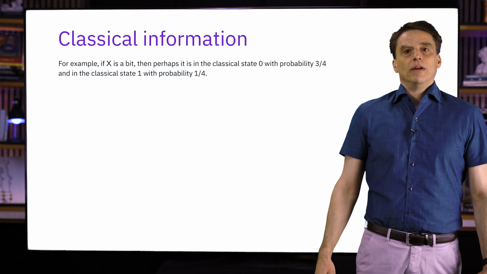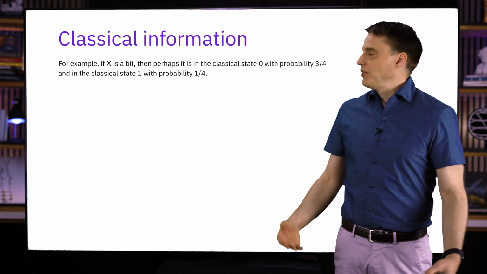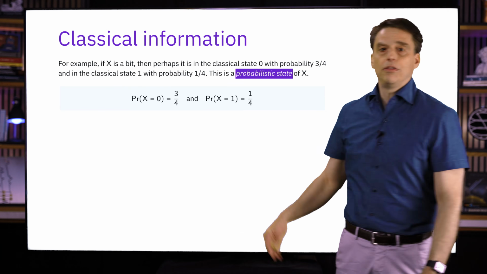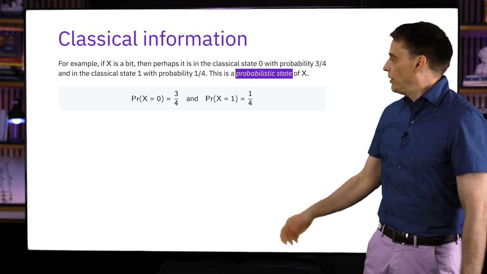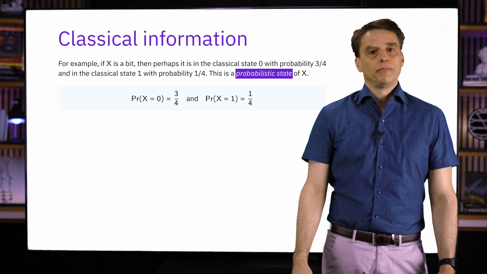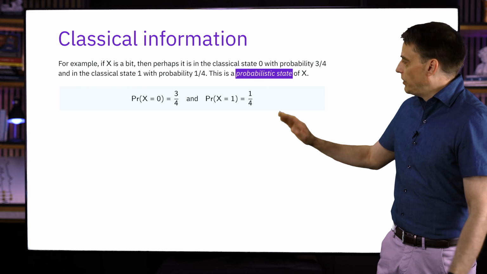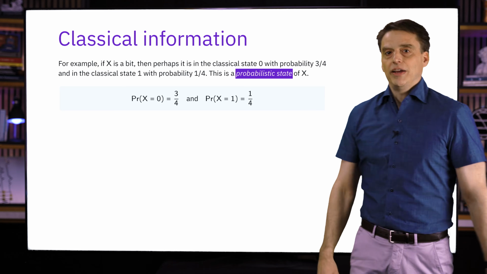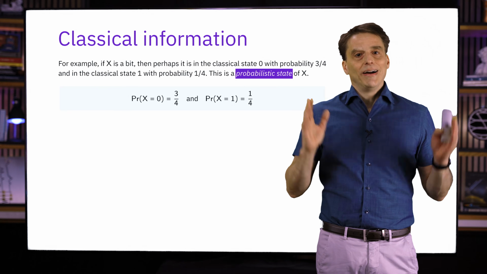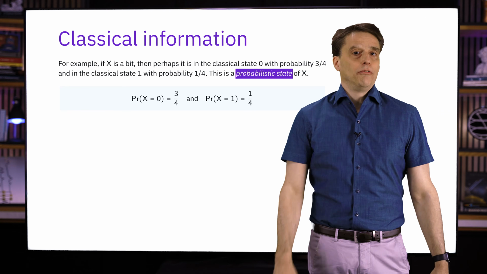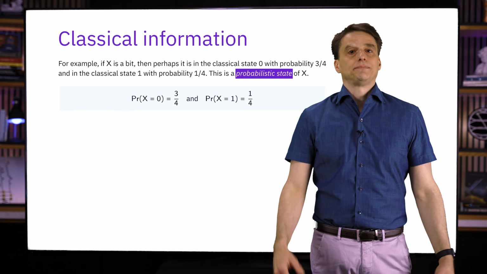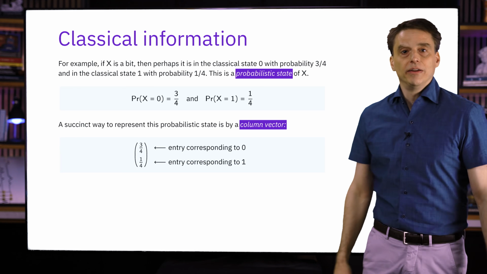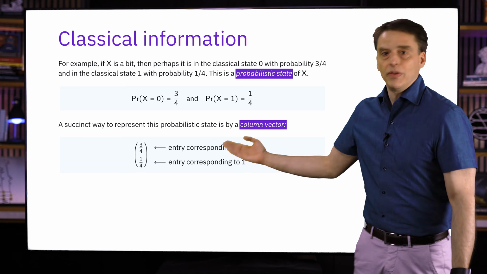For example, if X is a bit, then perhaps it's the case that X is in the classical state 0 with probability 3/4, and it's in the state 1 with probability 1/4. We're going to refer to this as a probabilistic state, and we could express this probabilistic state as you see right here, simply by indicating what the probabilities are for the different classical states. A more succinct way to express this probabilistic state is by a vector.